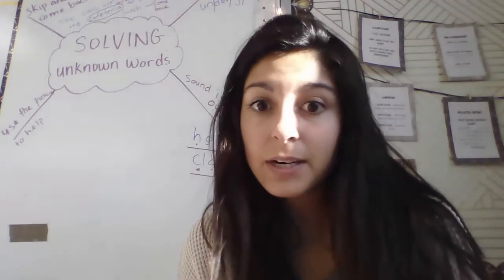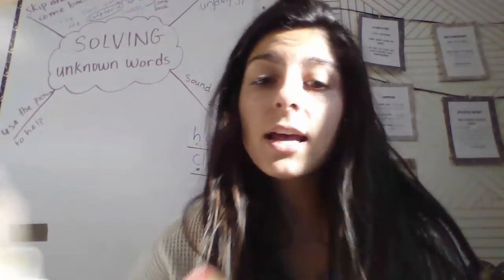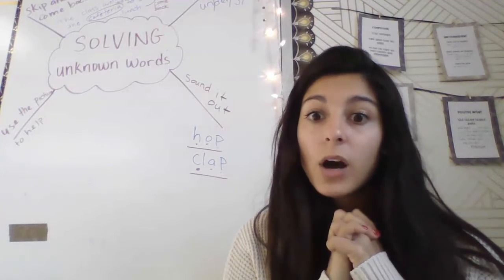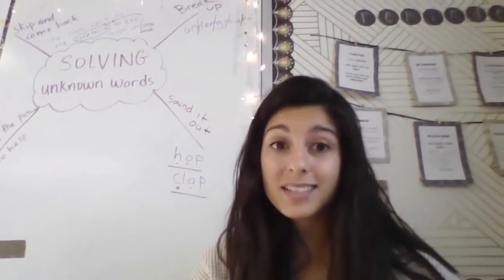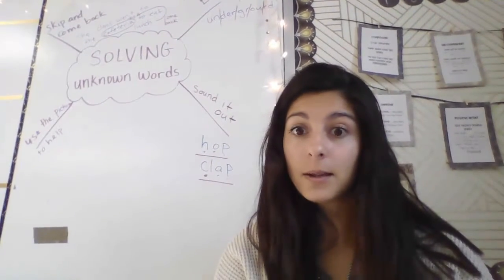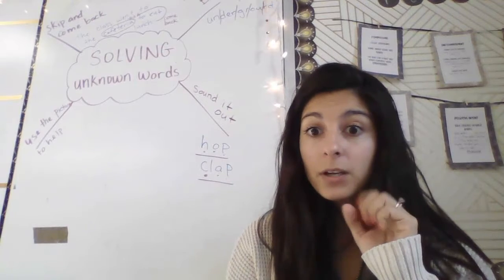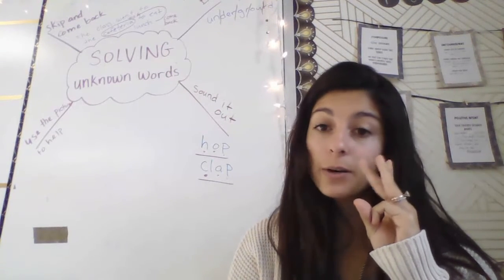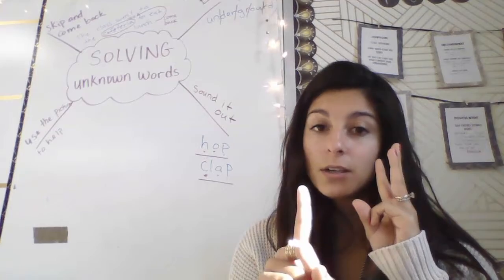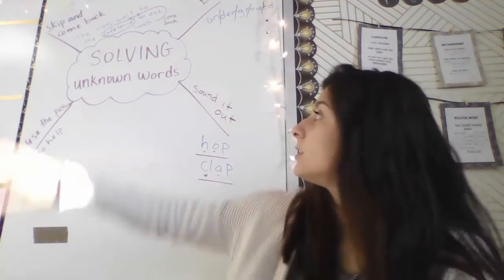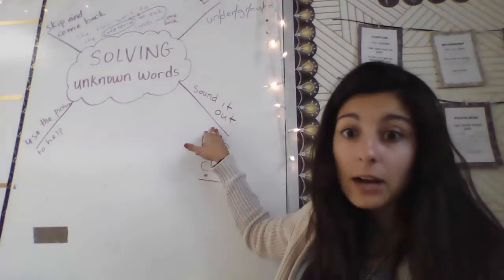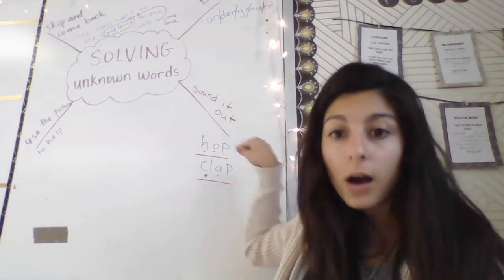So today, as you're reading, you have tons and tons of strategies to help you if you come to a word that you do not know. Because again, it's going to happen. If you're picking a Just Right book, it should happen to you 1, 2, or 3 times on the page. Okay? And if it does, use one of these strategies. If it's a super short word, sound it out. Hop, hop.